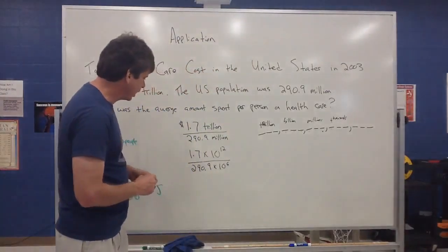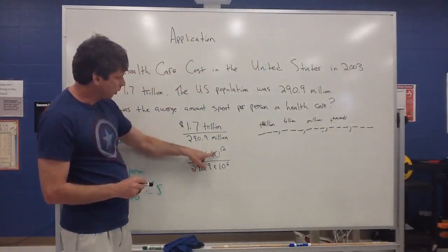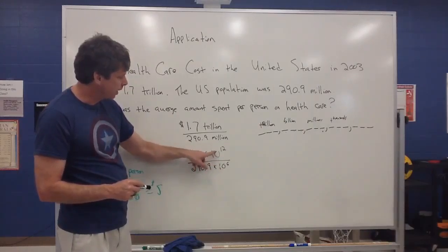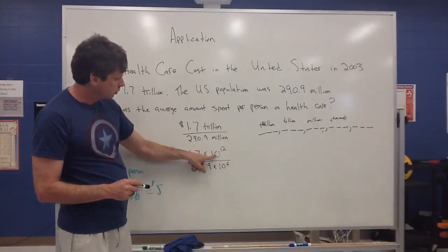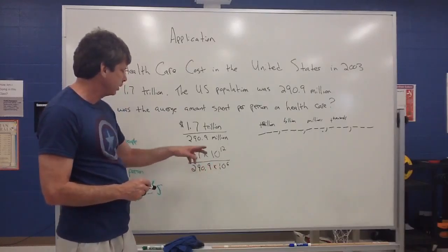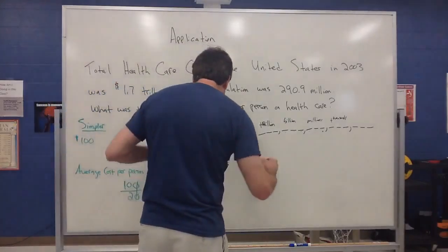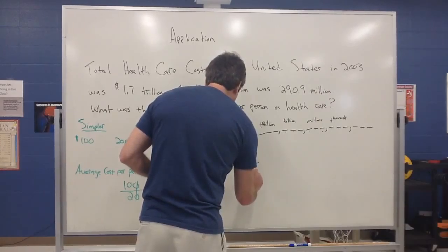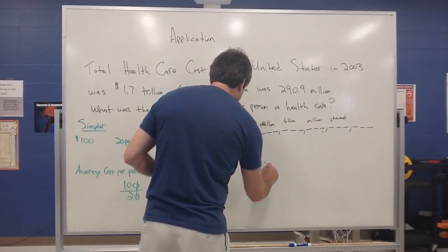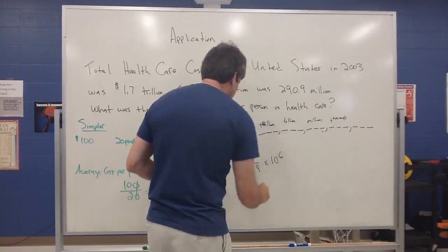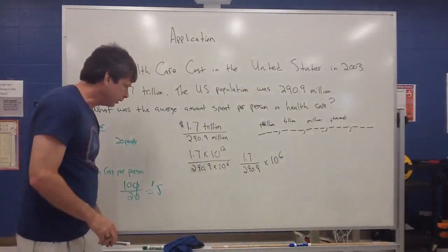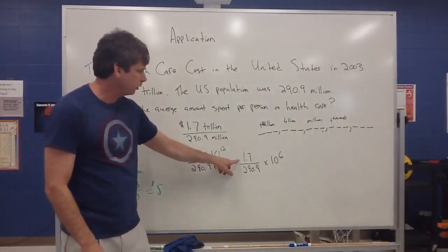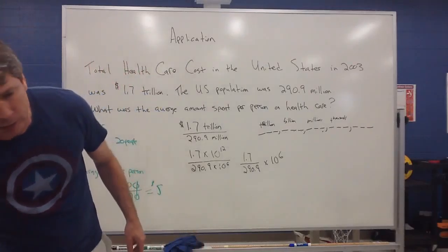So now I can kind of play with this problem. Notice how, again, these have the same base. I can divide that out. If you have 12 tens on the top and 6 tens on the bottom, that's going to leave me 6 tens. So what I'm picking up on is I have 1.7 over 290.9 times 10 to the 6th power. So it looks like the math I need to do is 1.7 divided by 290.9.